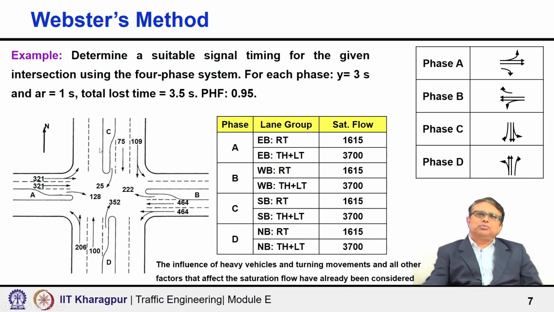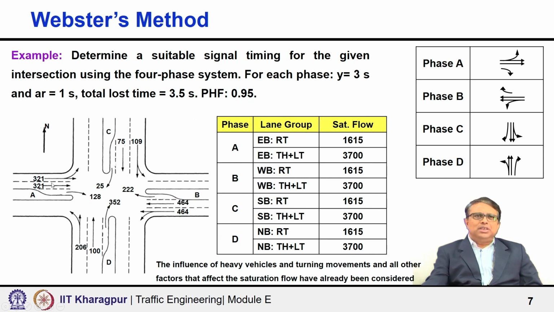You know there are 4 approaches to this intersection, and in each phase we are clearing traffic approaching from one approach. So, first maybe eastbound, then westbound, then southbound, northbound.